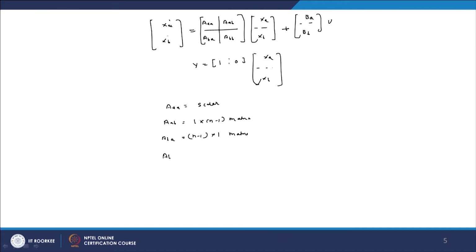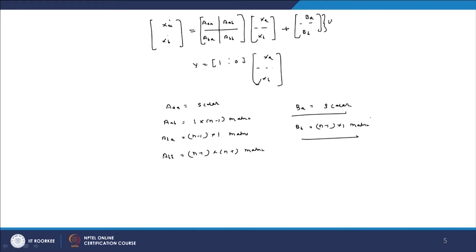Then A BB is written as an n minus 1 by n minus 1 matrix. About this portion, B a is a scalar, because we are assuming that x a involves one quantity, only one measured, and the remaining are unmeasured. Therefore, B a is written as a scalar, and B suffix b is written as an n minus 1 by 1 matrix.